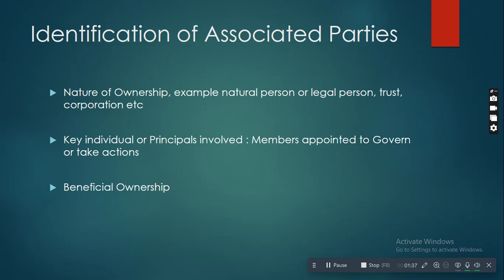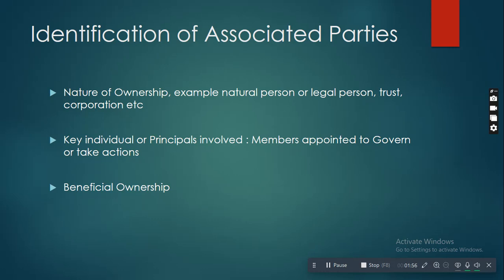For example, is it a sole proprietorship that only a natural person owns, or two natural persons coming together and owning the entity, or is it a legal person that is owning another entity?